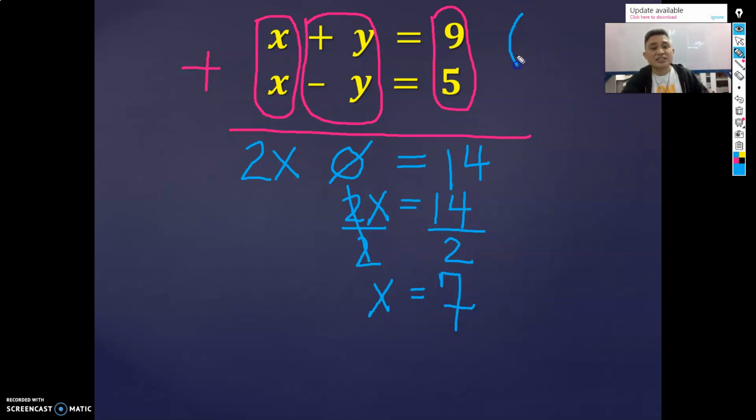So, the first ordered pair is 7. We place the 7 there because the first value's position is x. The second is y, so what is missing is y.